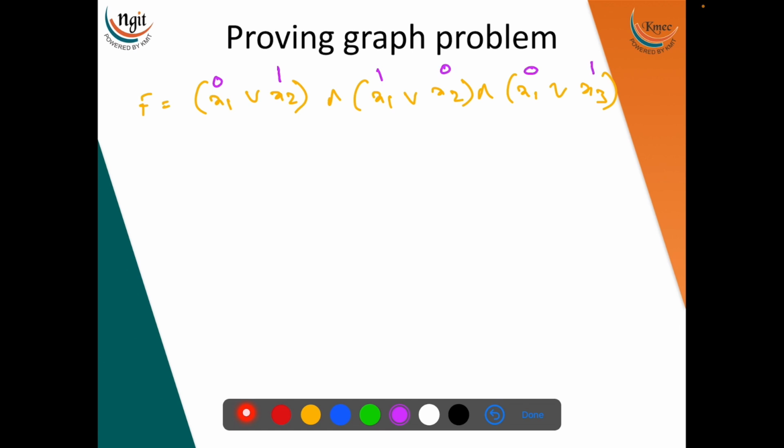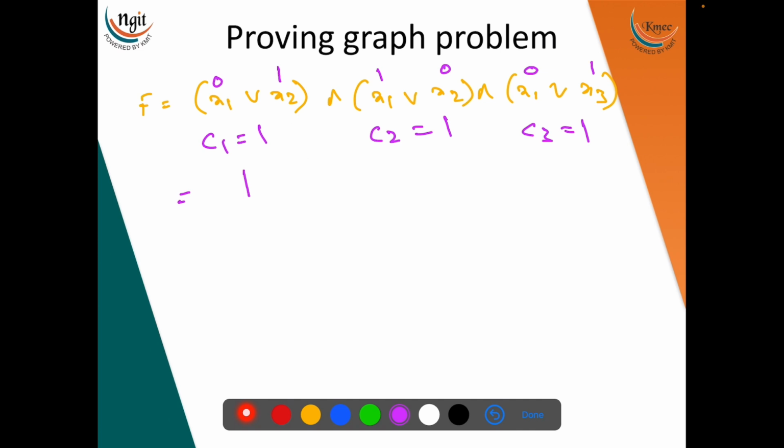And X3 is 1. Now, 0 or 1 is 1. Now, 1 or 0? 1. 0 or 1? 1. So, finally, this is 1. True. It is true. What is true? That the satisfiability problem is NP hard, and it is reduced to the clique decision problem. So it is true that the clique decision problem belongs to NP hard.